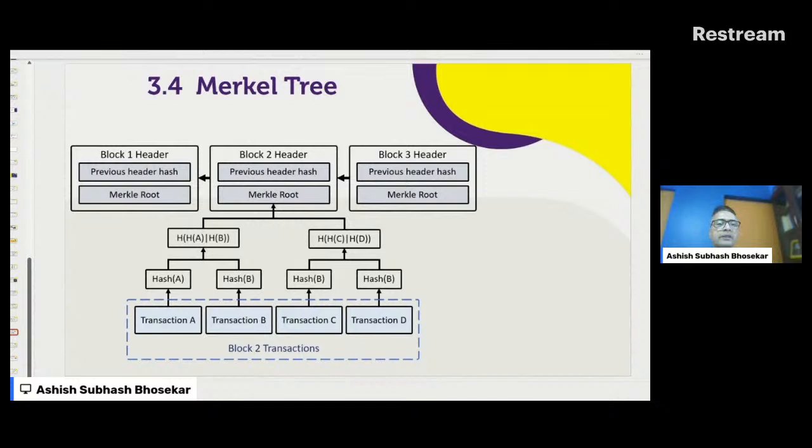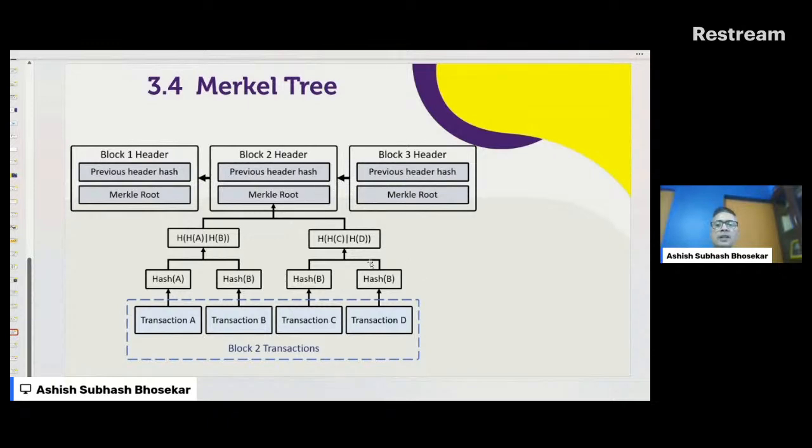immutability and transparency. As you can see, at the bottom there are multiple transactions happening: A, B, C, D, and for those we have these hash keys, and again those hash keys are merged, and as I have mentioned, then it goes into the Merkle root, and that hash is linked to the previous hash, and then again it will link to the next hash.